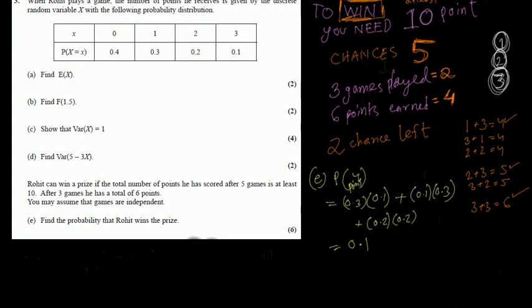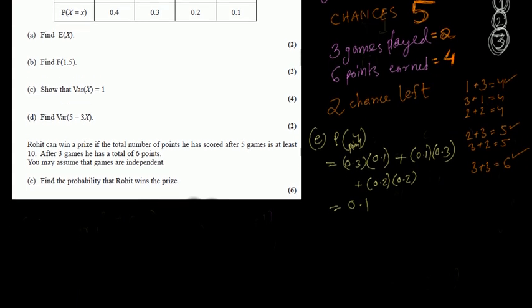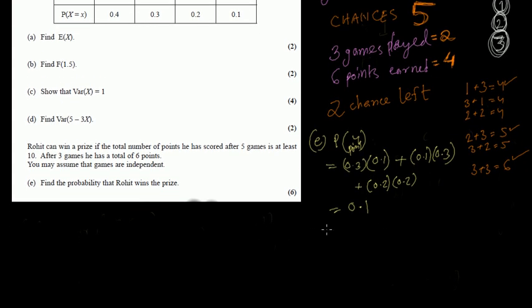Next, the probability of getting five points total. You can get 5 points in 2 ways, by getting 2 plus 3, 5, or getting 3 plus 2, 5. So you need a 2 and a 3, or you need a 3 and a 2.